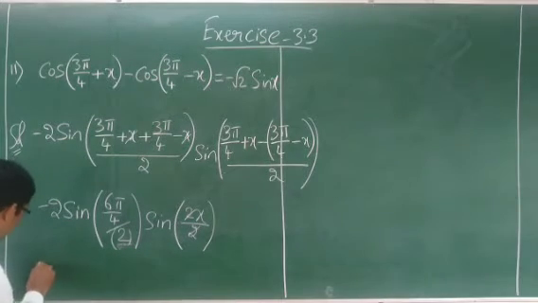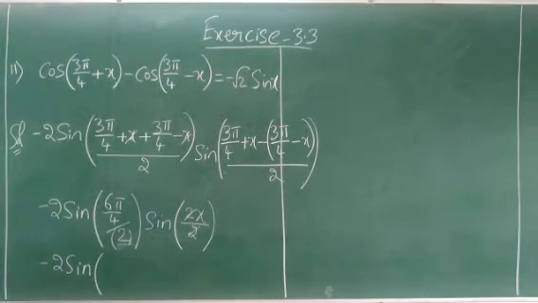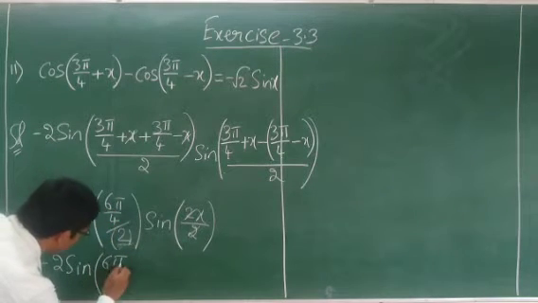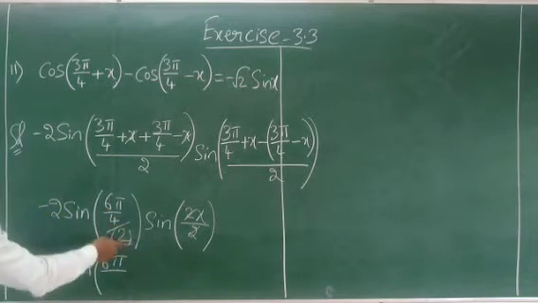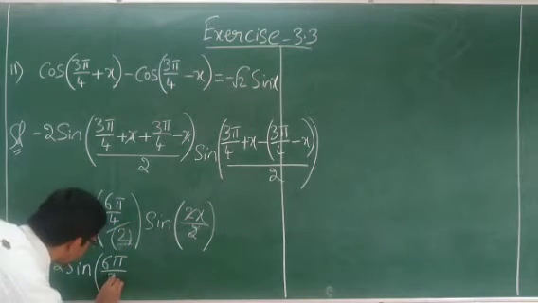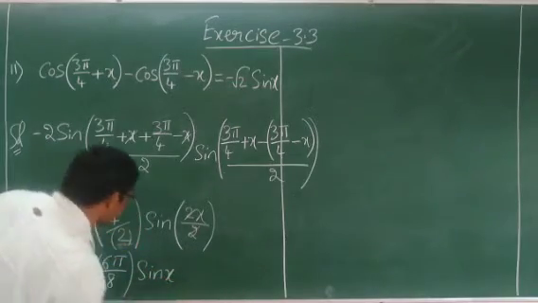Now again, this is minus 2 sin. We can make this 6 pi by 4 by 2, take the reciprocal, we get 1 by 2, that is 4 into 2, we get 8, into sin x.